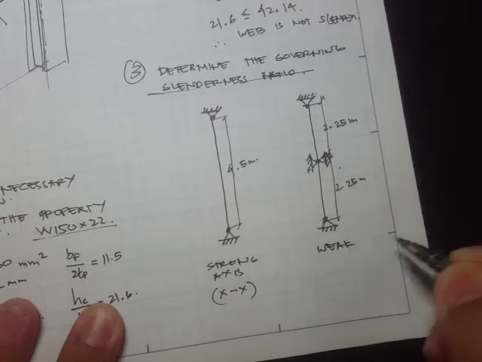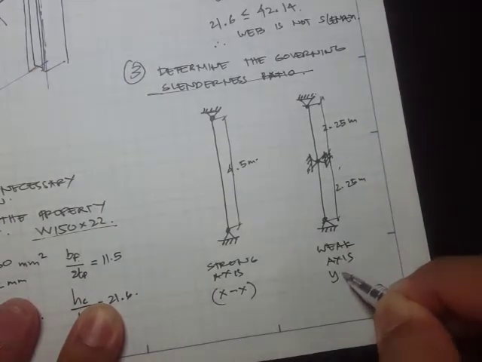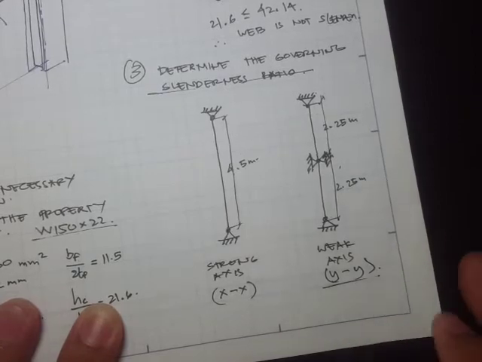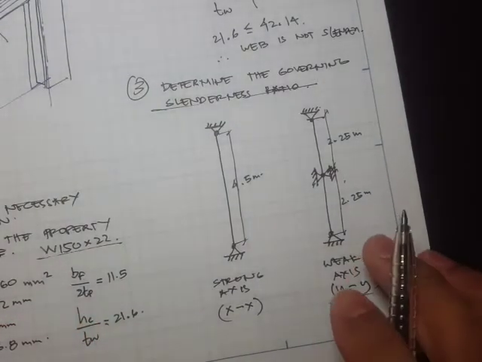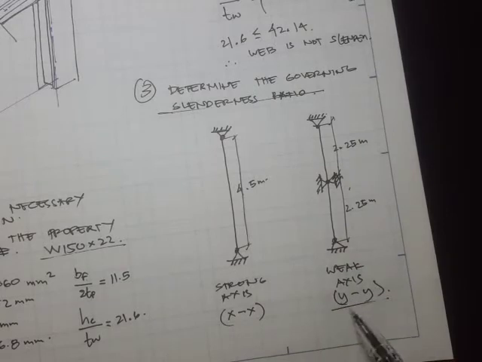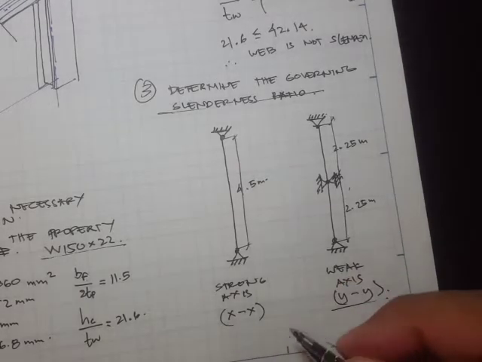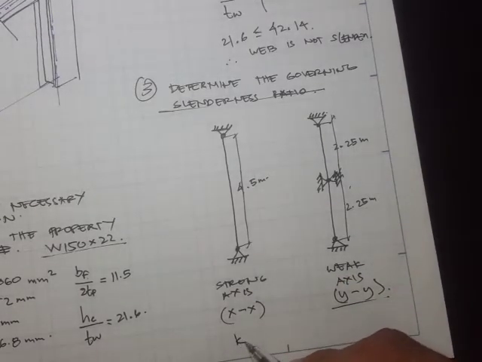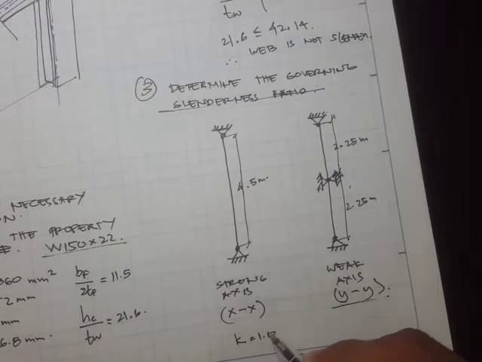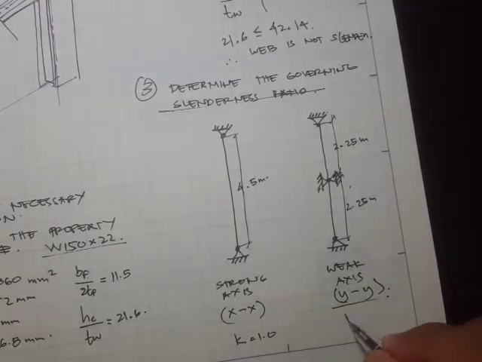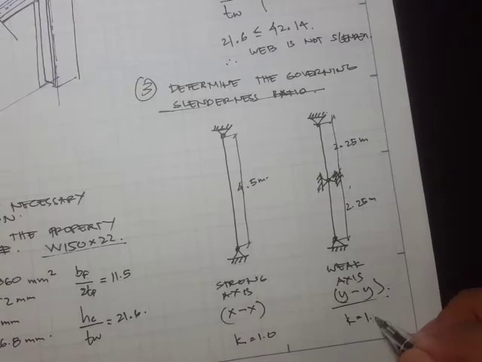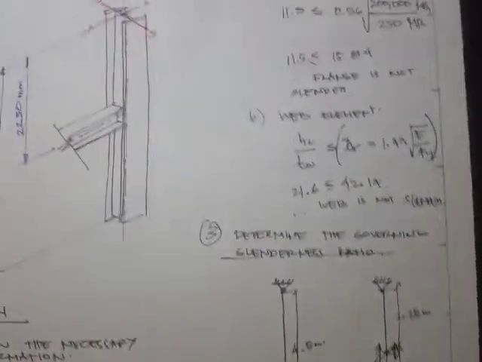So this is the weak axis, y-y. Since this is pin connected, if you go to the tables for effective length factors, you will obtain a value of K that's 1.0. This also has the same K equal to 1.0.